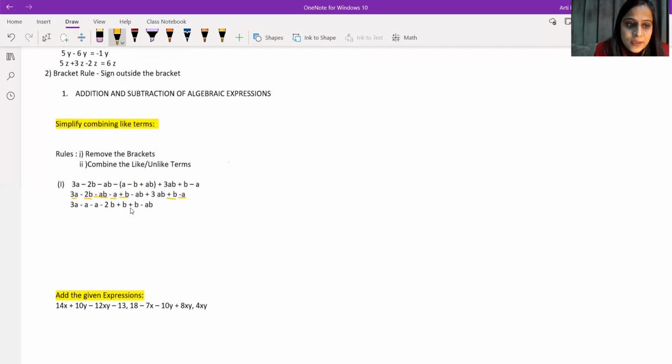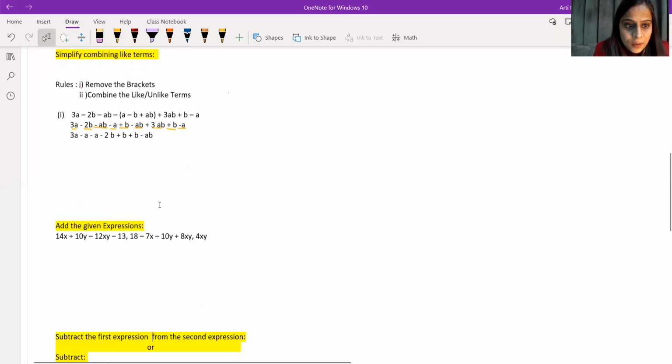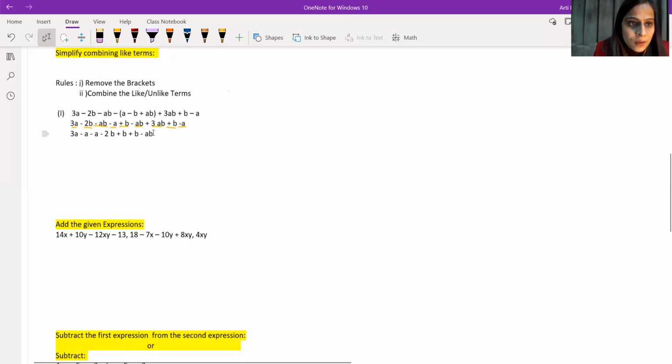You only need to follow this strategy. Minus ab plus 3ab, two more like terms are there. So minus ab, minus ab, plus 3ab. Now I need to check, do I have any term left here? No, all the terms have been marked by me. So I have written all the terms here.